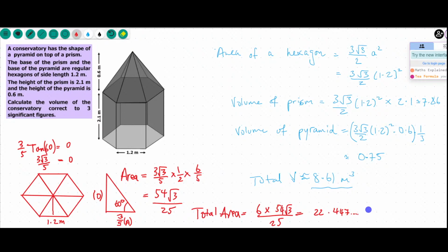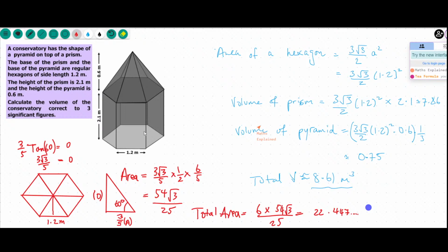$22. Seems like I made a mistake. Oh, I've not got to the fully end. This is just the area of the base of the... Yeah, but my final volume of the prism was only 7 point something. Well, you do times it by a third.